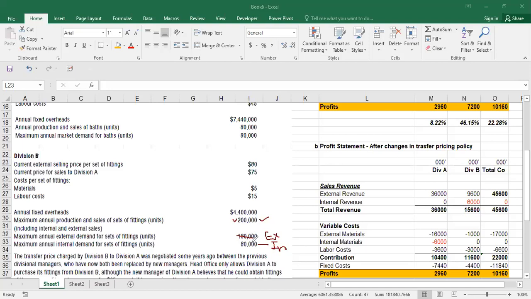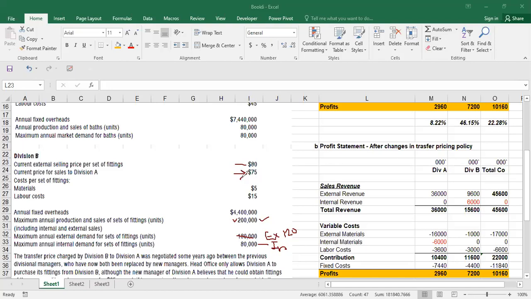After 80,000 we gave internally, externally we were selling only 120,000. So division B was also suffering here, because division B was selling $5 cheap. They could sell it outside for 80, but they are selling it for 75. They are selling it internally.